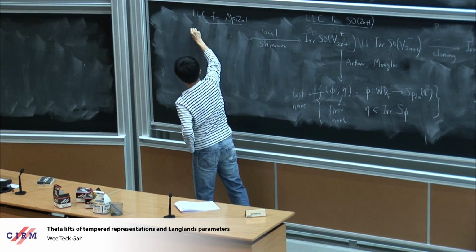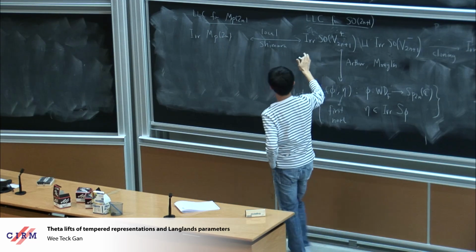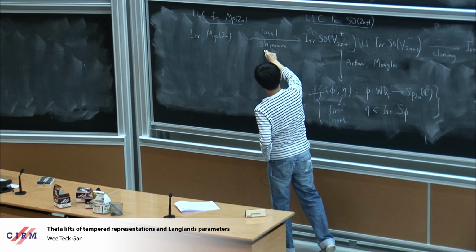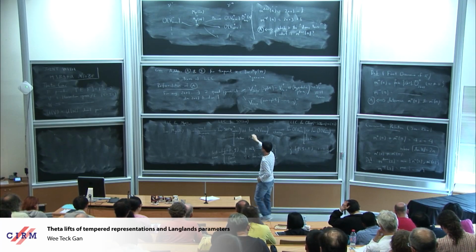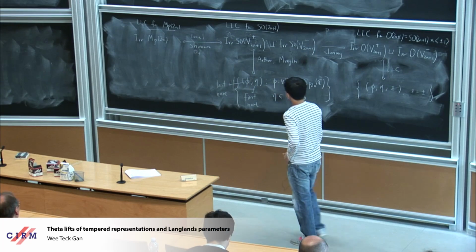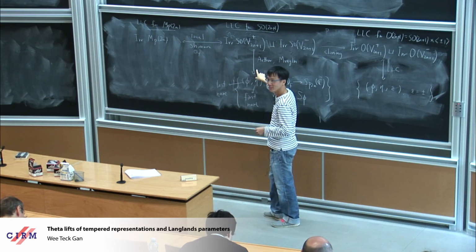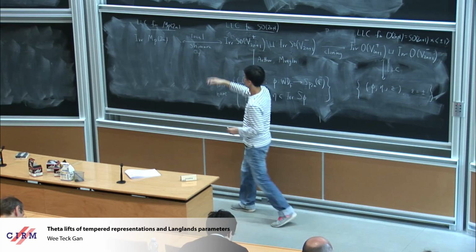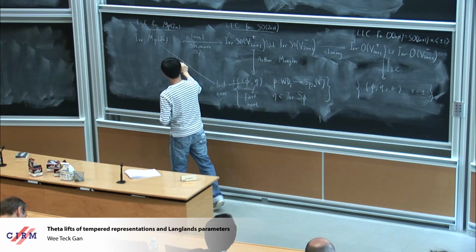So there's a bijection, using the theta correspondence if you wish, between this and that. And so you can compose this bijection with that bijection and get a classification of this. So this would be what I call the LLC for MP2N.